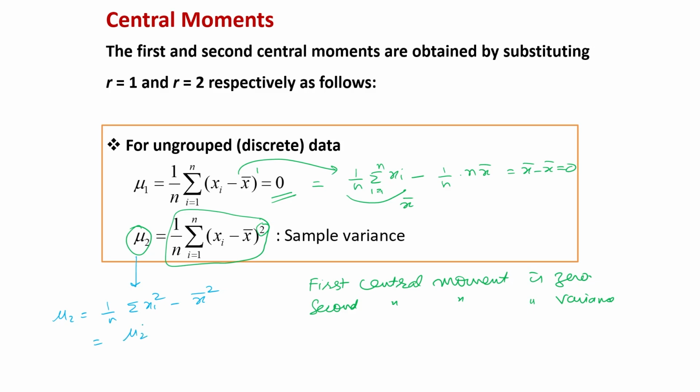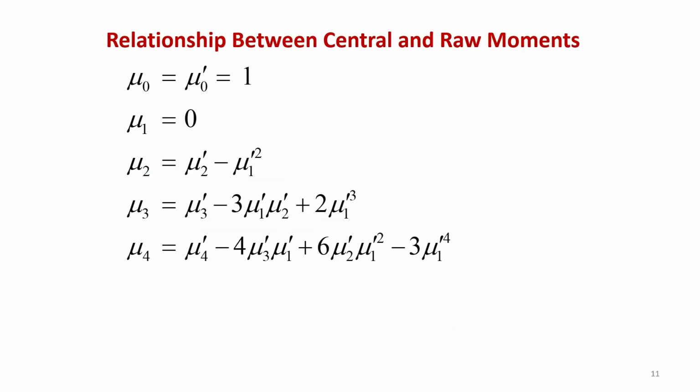So, this is mu 2 prime, and x bar is mu 1 prime, squared. For r equal to 0, mu 0 and mu 0 prime are both equal to 1. The central moment for r equal to 1 is equal to 0. When we take r equal to 2, I already showed you that mu 2 is equal to mu 2 prime minus mu 1 prime whole square.